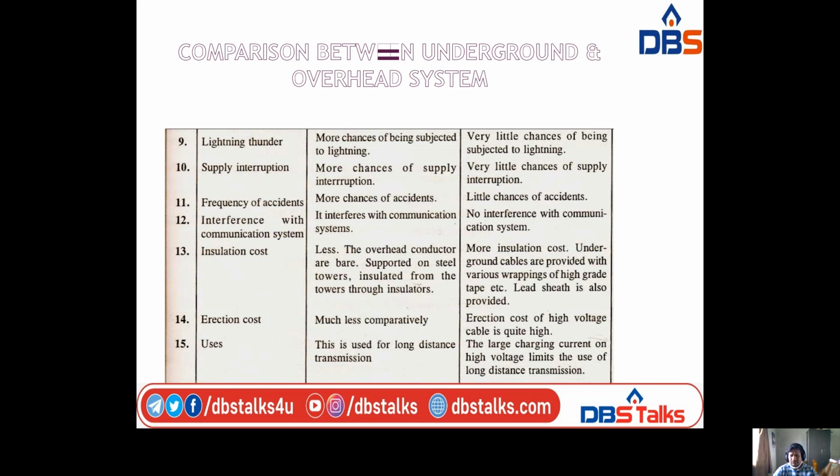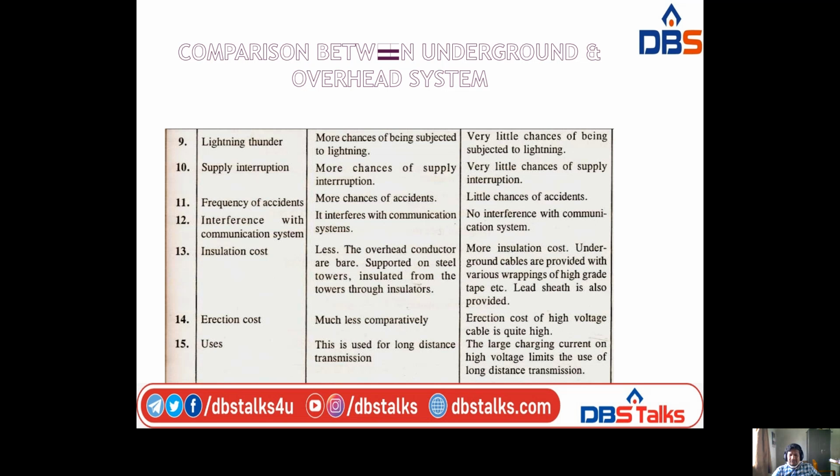Insulation cost is very low in the overhead system, but very high in underground because we utilize various wrappings of high grade tapes, and a lead sheath is also provided. Erection cost is high if the cable voltage is quite high, though maintenance and repair cost is small.